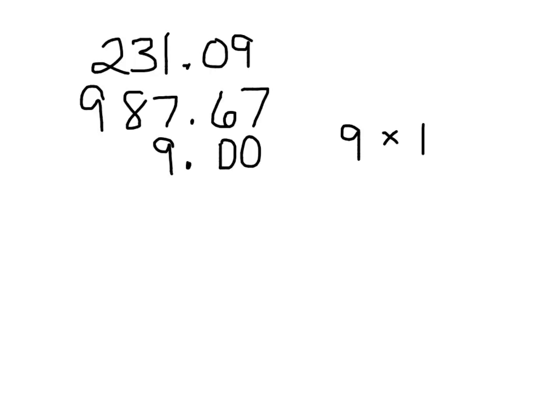How much is a $5 bill worth? $5. 9 times 5. What's 9 times 5? 45. Then it goes on to say 8 $10 bills. How much is a $10 bill worth? 10. So what's 8 of them worth? 80. Good.